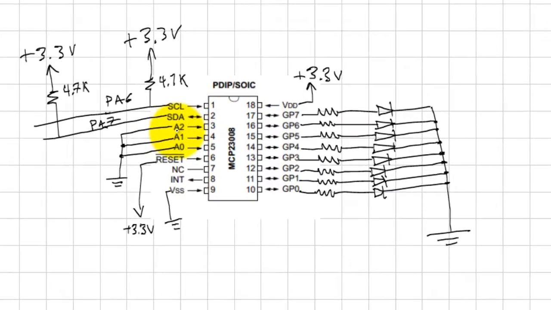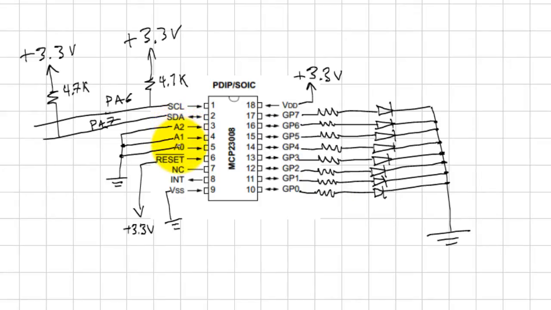This is the schematic. PA6 and PA7 from your microcontroller board are connected to SCL and SDA respectively. I have the I2C pull-up resistors at 4.7K. These are my LEDs. Your resistors should be 1K.